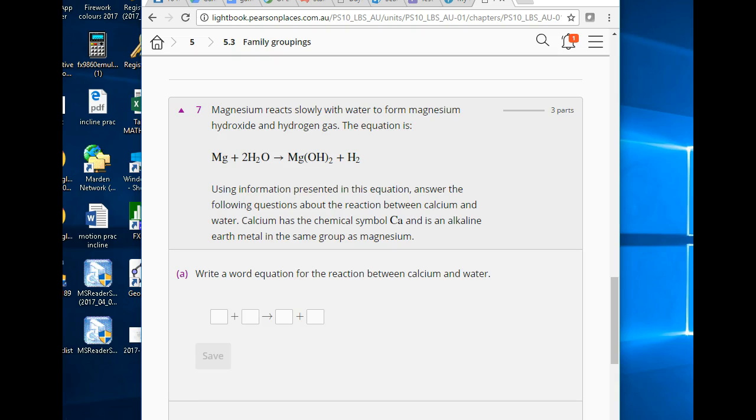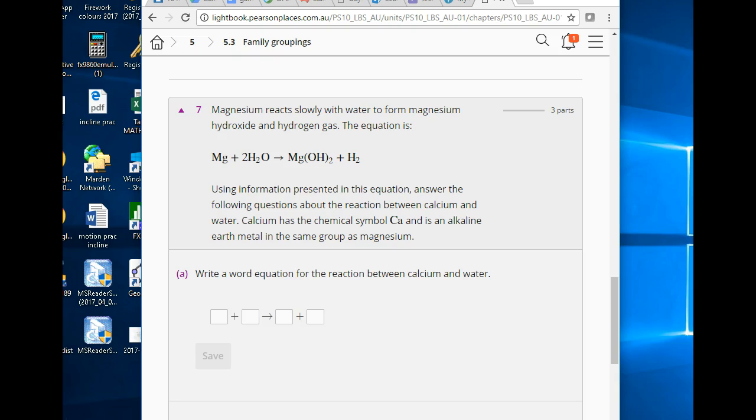So you've just got to calmly say, oh, they must be talking about this formula because it's got the magnesium in it and it's got something else that I've never heard of before. That must be the hydroxide ion. So there's a little bit of trust here that you're going to gradually build up your knowledge. And hydrogen gas, hydrogen as an element is just the single letter H as a single atom.